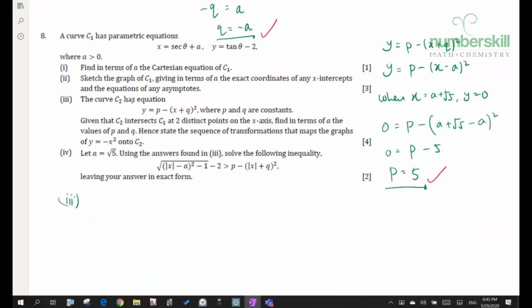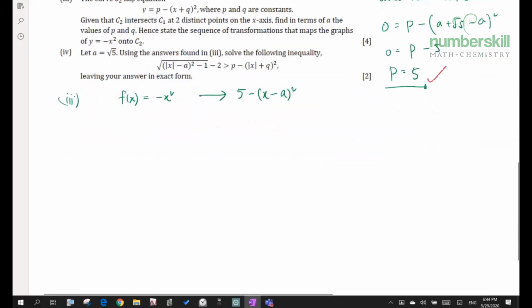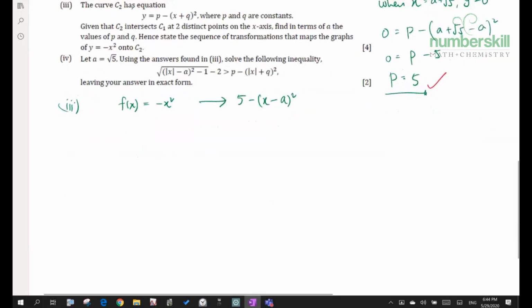So the idea is if you have an f(x) that is this, and the end result is this. Wait, where's P? P is 5, right? So you need to tell people P is 5, Q is A. You need to transform this to this using a sequence of transformations.